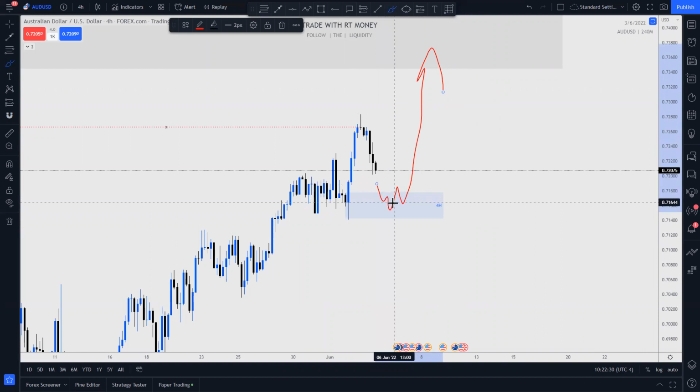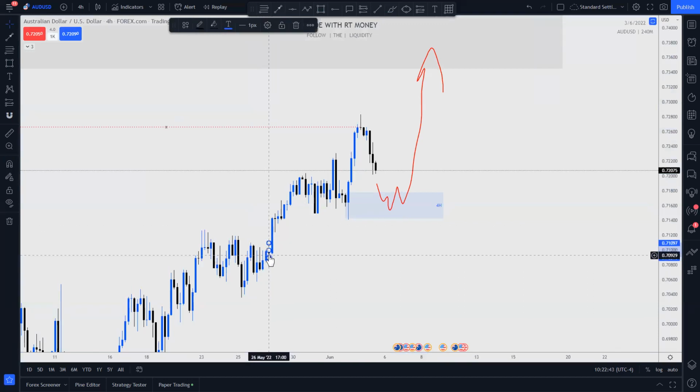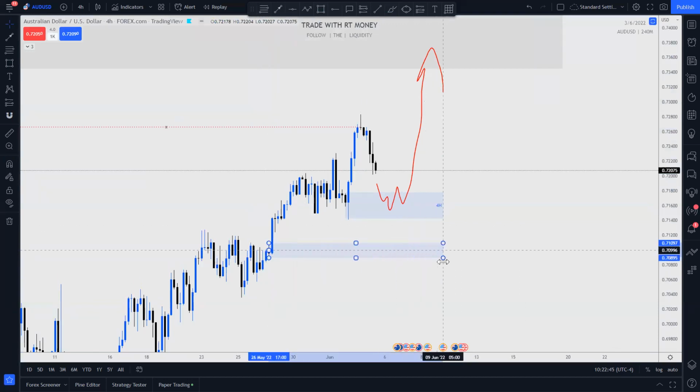And I'm looking for price to either turn here, or if it breaks through this low, fills in this small gap here, I'm looking for price to come down to here. Oh yeah, because this is an unmitigated zone of demand as well. And we see how price moved very bullishly here.